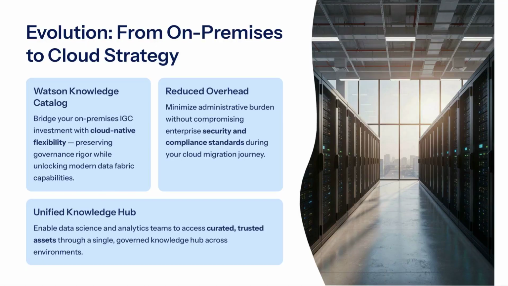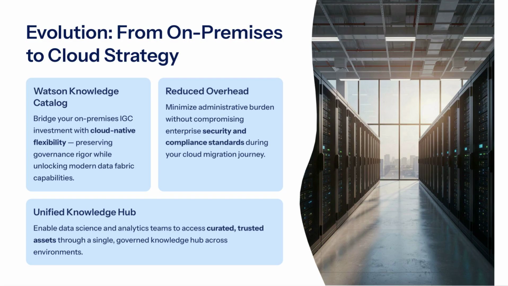The Watson Knowledge Catalog provides a centralized repository for all data assets within an organization. This enables efficient management and maintenance of these assets. The catalog minimizes administrative burdens associated with managing multiple systems and repositories. It bridges the gap between on-premises information governance frameworks and cloud-based solutions, ensuring that investments remain secure and flexible.